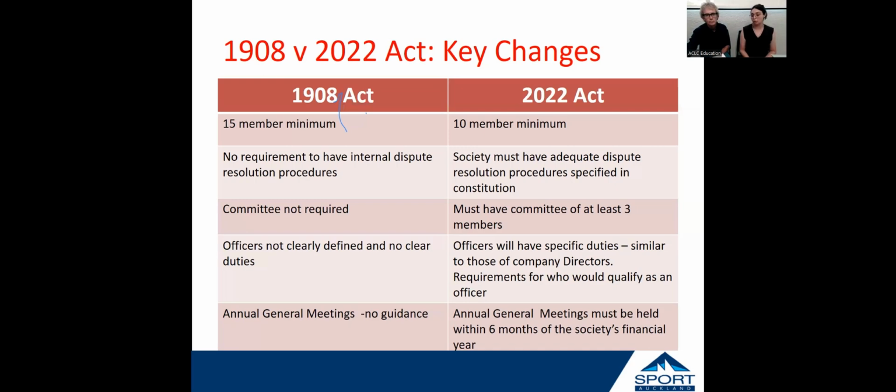Now there's a lot of clarity with the new Act, and a lot of those duties are very similar to those of company directors. And there are some requirements as well for who would qualify as an officer, and those are quite similar to who would qualify as a company director: being over the age of 16, not being an undischarged bankrupt, and not having convictions for criminal dishonesty.